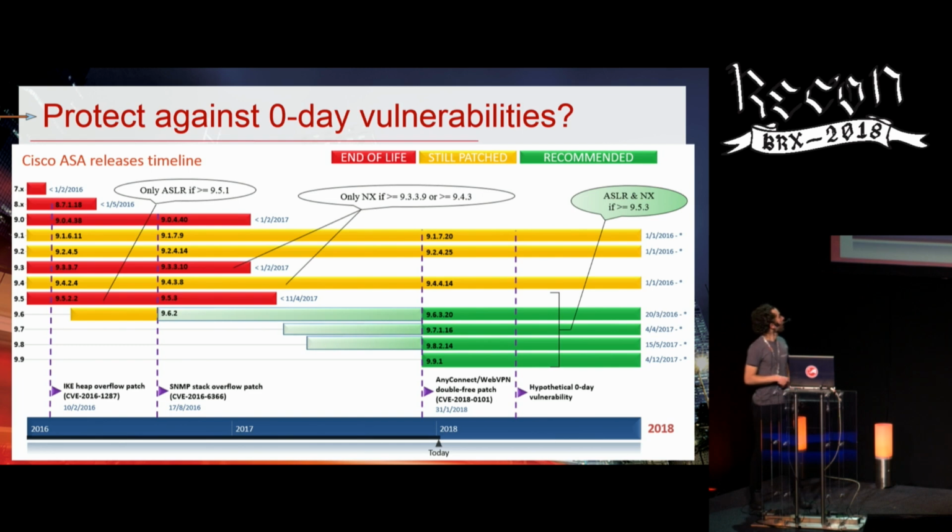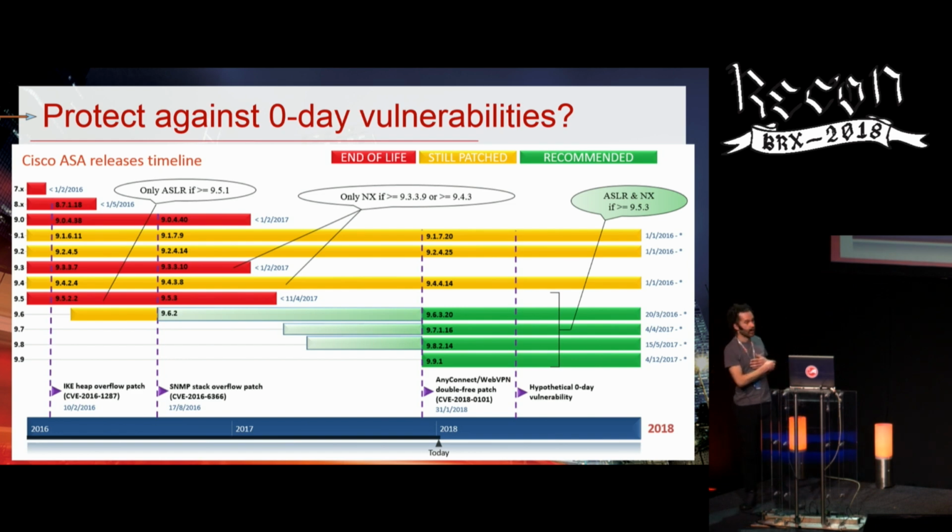So this is a timeline I drew to show that the actual Cisco ASA landscape is really different depending on which branch you have. The way Cisco ASAs are numbered is they use this system of branches where you have 7, 8, whatever, but actually it's a little bit like thinking about Windows versions like XP, Vista, 7, 8.